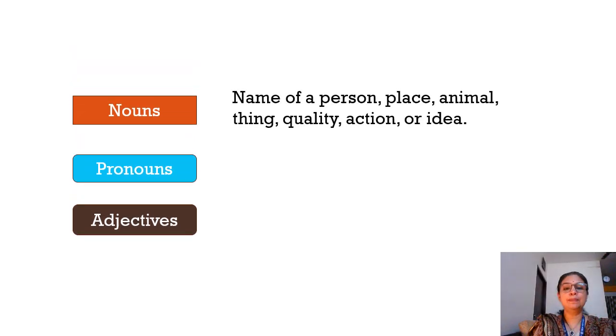In the first group, you have the nouns. The nouns, as you know, are the names of a place, a person, animal, thing, quality, action, or idea. Under this category fall the largest number of words in the English language.